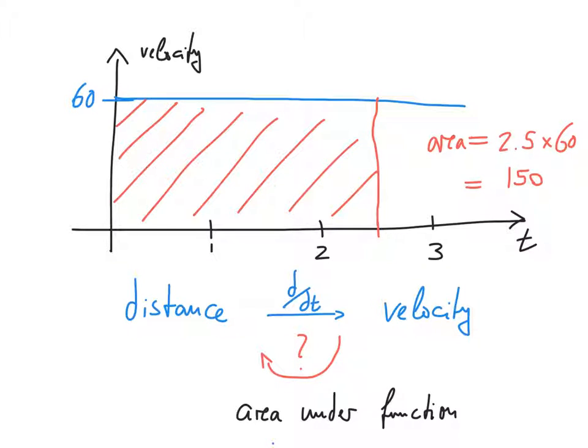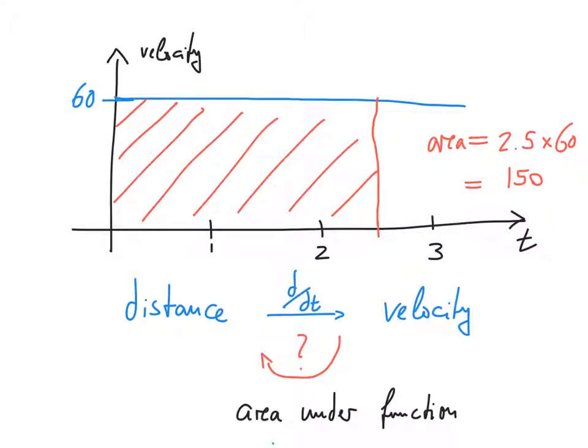Now our problem is somehow the inverse. We don't have the distance function, because our odometer is broken. We only have velocity, the way a speedometer works. How can we get from velocity back to distance?